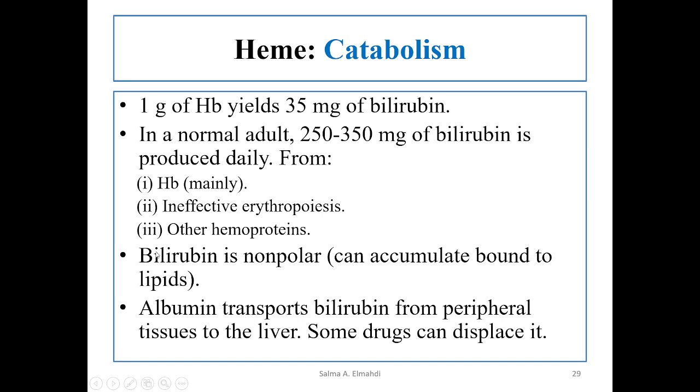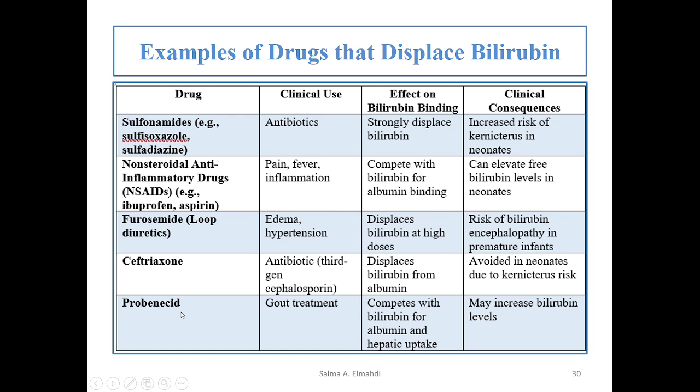In the blood, bilirubin will be transported by albumin from the peripheral tissues. It will be transported to the liver, where the liver deals with it, as we are going to see. Some drugs displace bilirubin from albumin. Examples of these drugs include sulfonamides, antibiotics, non-steroidal anti-inflammatory drugs such as ibuprofen.